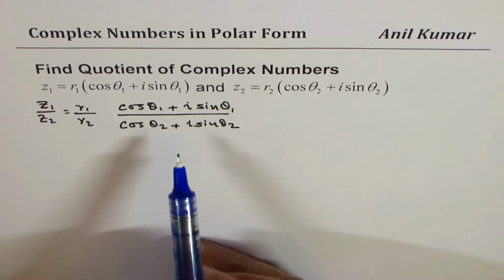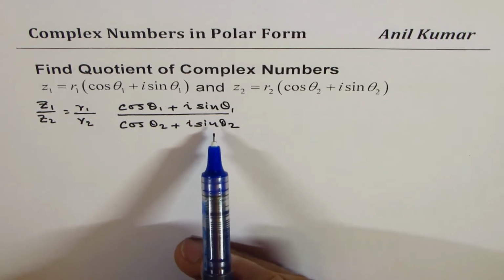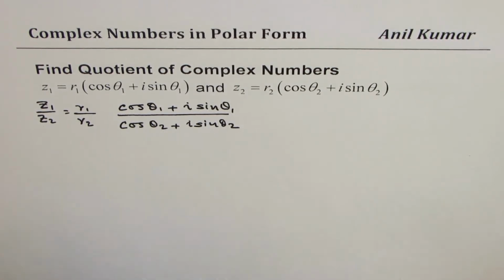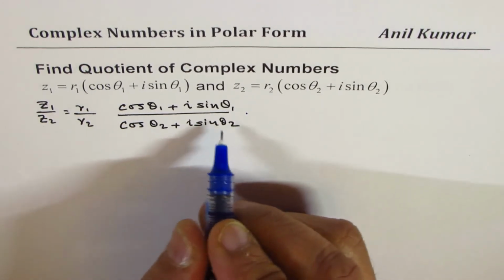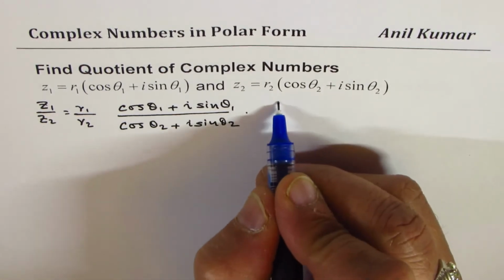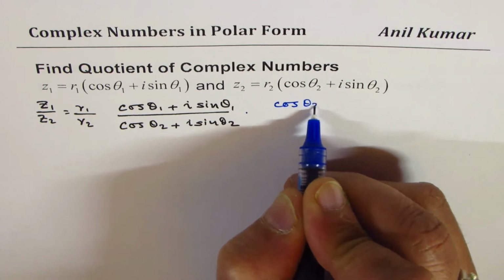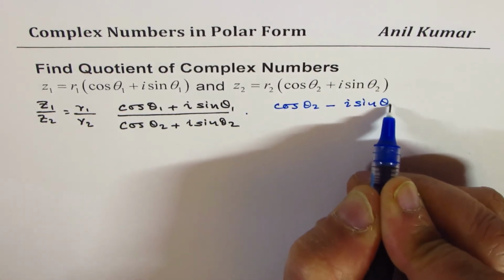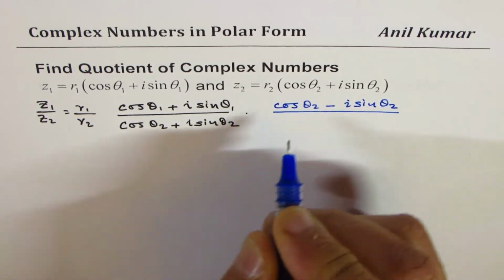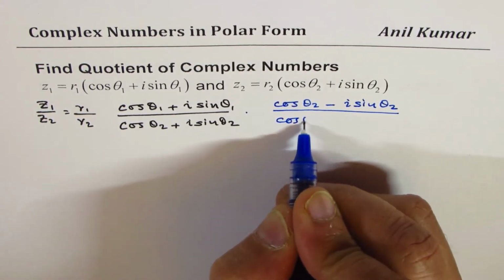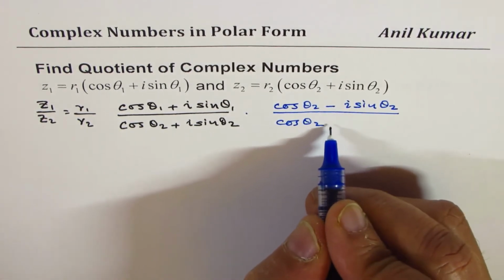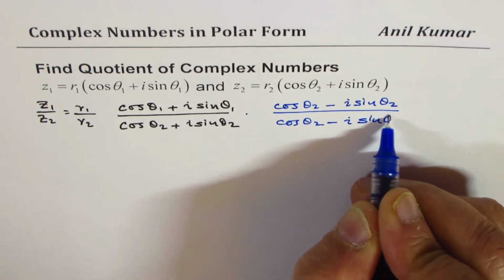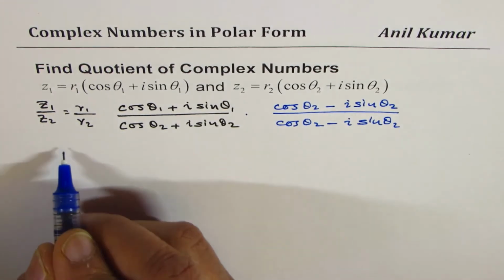Now what we can do is multiply by the conjugate. We can rationalize the denominator, right? So if I multiply both numerator and denominator by cos theta 2 minus i sine theta 2, then what do I get? Right, so let's do this. You can actually pause the video, simplify from here onwards and see if you get the result which is expected, correct?